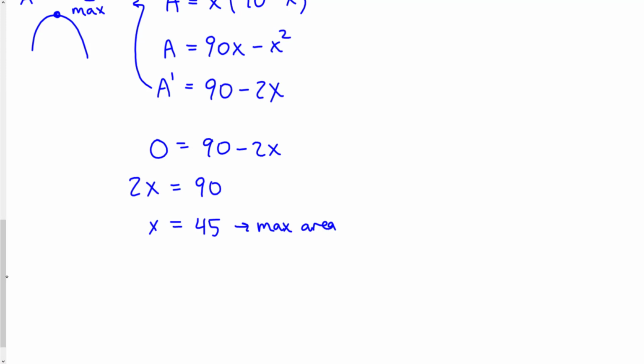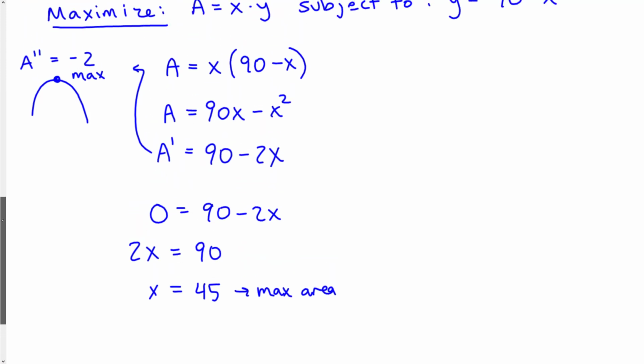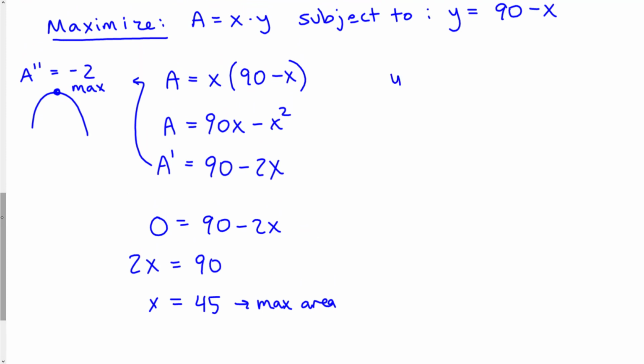So that's simple enough. We know that y is equal to 90 minus x, and when x is equal to 45, we can say y is equal to 90 minus 45, which is 45.